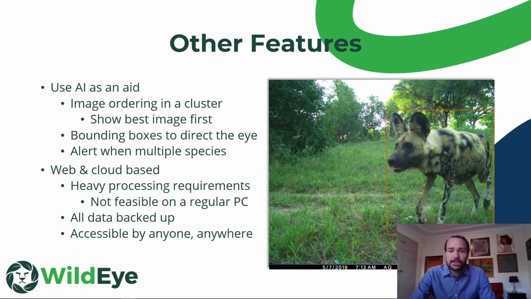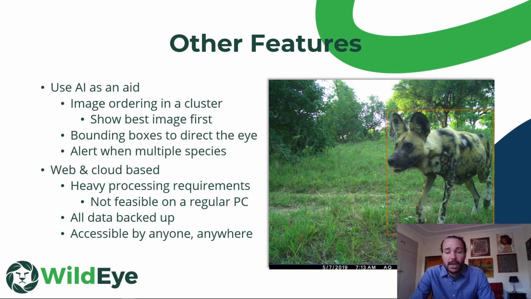Another point worth looking at is that the system is a website. It's cloud-based, so that does have the drawback of having to upload your data set the first time. Especially if you're trying to upload like 300,000 images, that obviously takes a very long time. But the reason we do this is because AI is unfortunately very computationally intensive. On an average work laptop that someone may have in the field, it would take weeks to process a couple of 100,000 images, and that's just not feasible.